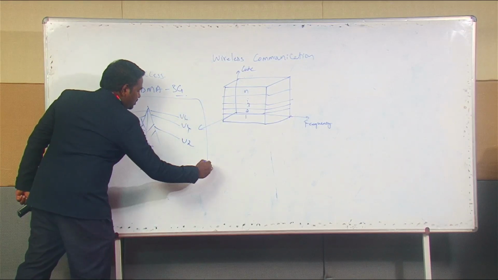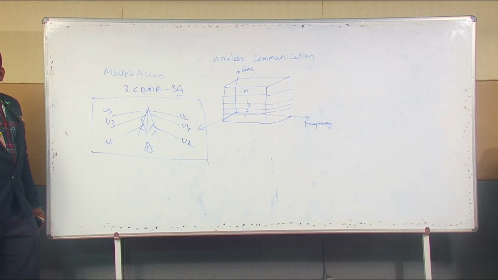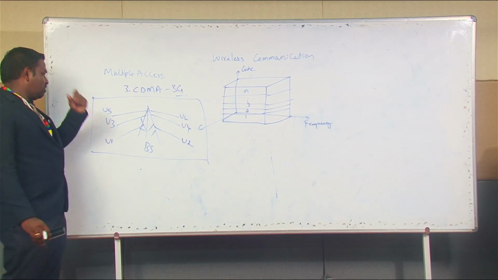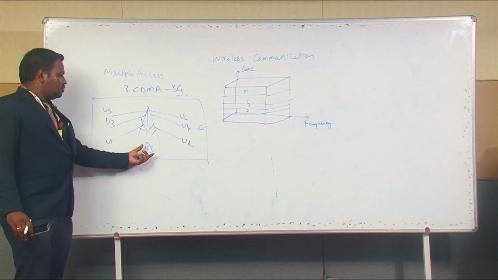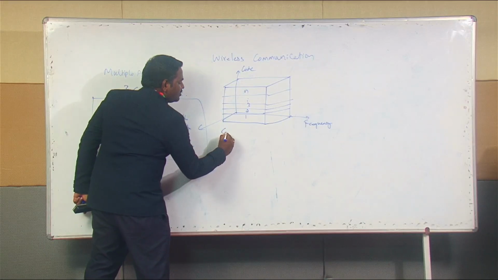the user can use the entire bandwidth and the entire time duration, but they will share a common code. In such cases, an example: now I am relating this code with language.